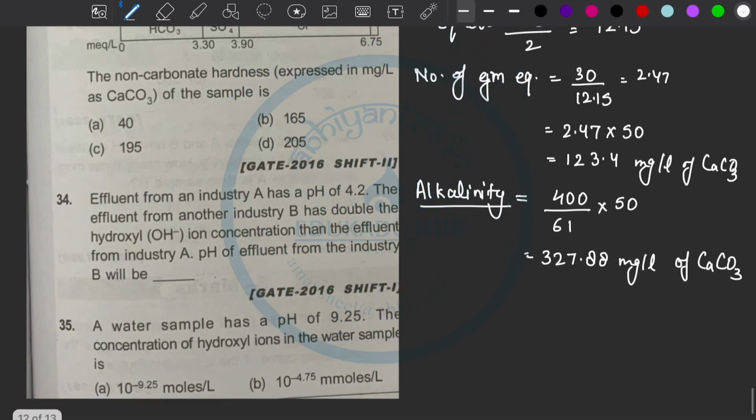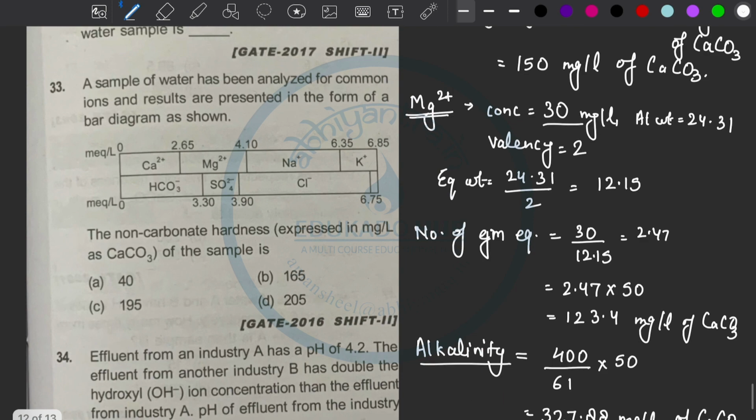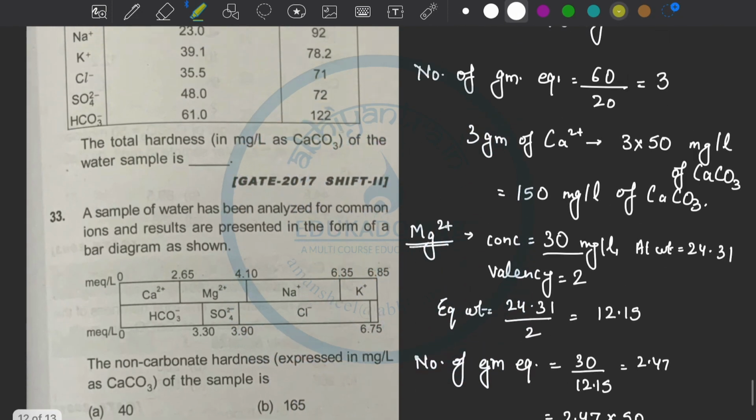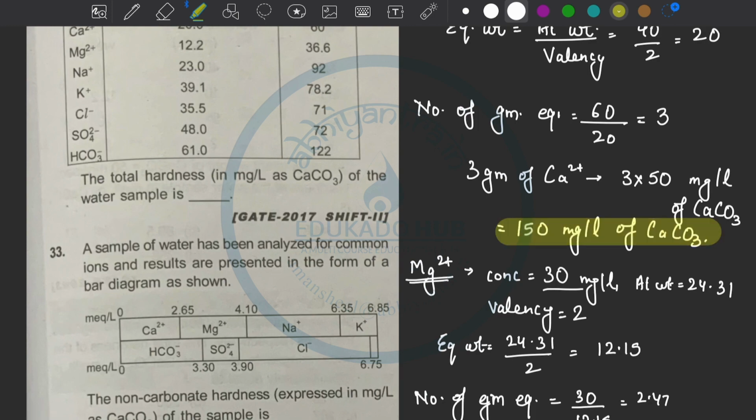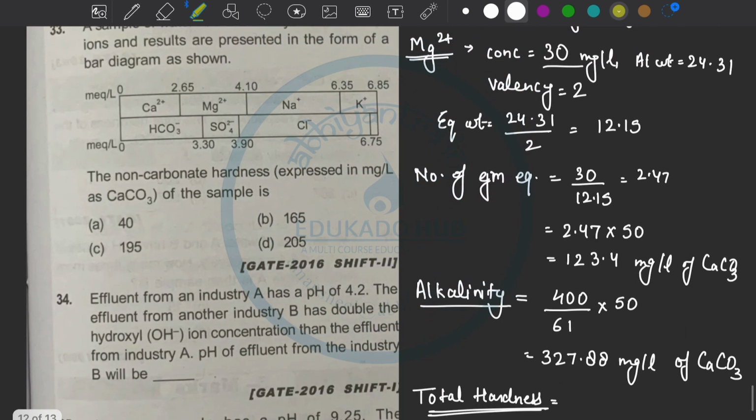So now the total hardness is equal to, we got the calcium hardness 150 milligram, we got the magnesium hardness 123.4 milligram.